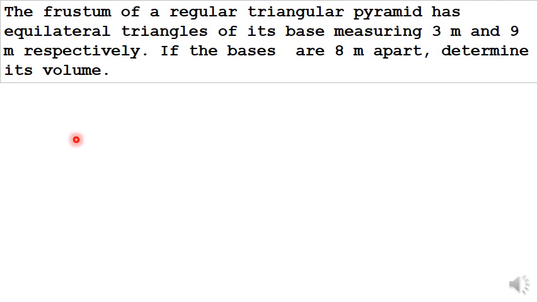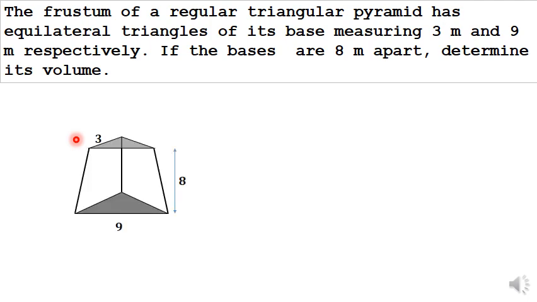Okay, let's try this. The frustum of a regular triangular pyramid has equilateral triangles as its bases measuring 3 meters and 9 meters respectively. If the bases are 8 meters apart, determine its volume. This is our solid.